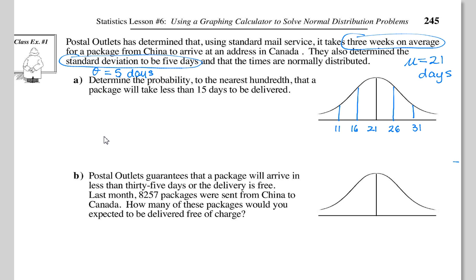Now let's go and try to answer the question. What do they want? They want the probability that a package will take less than 15. So find 15 approximately. That looks like about 15. And then which way do we shade, you guys? Left. Very nice. All right, so then you go normal CDF.